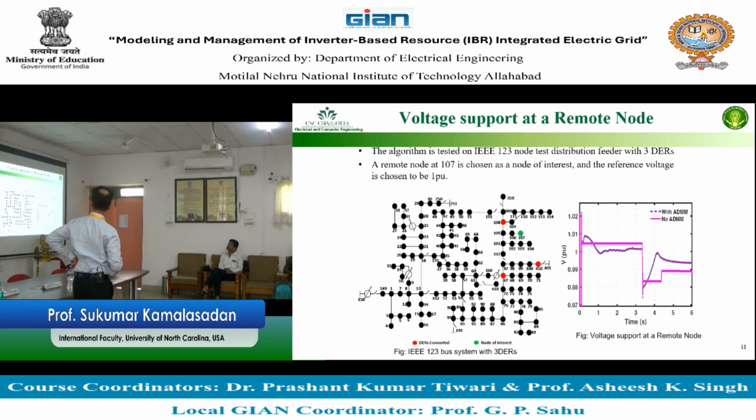So here is a remote node, 107 is a node of interest, and we want to maintain the voltage at the node of interest at 1 per unit. Now what happens is we are seeing a step change in the power, so the voltage is dropping. When the voltage has dropped, we put in reactive power and try to improve the voltage back to 1.